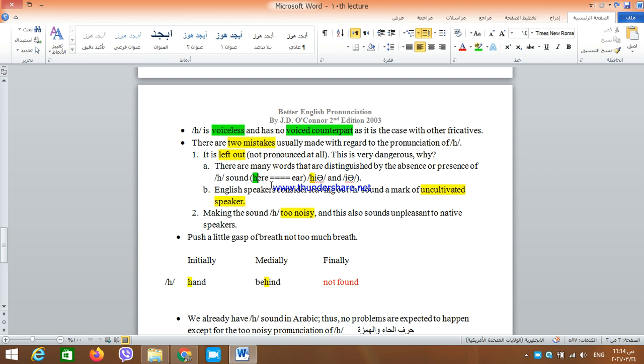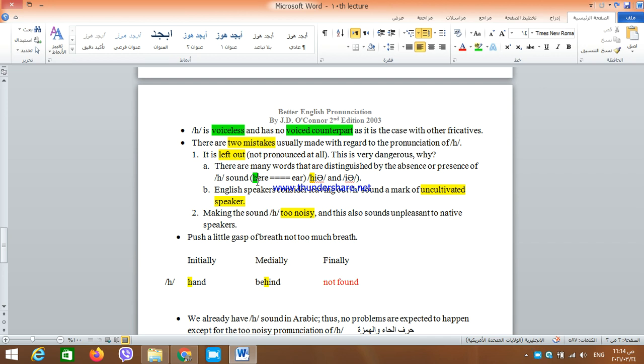But if you leave out the sound, it's going to be like ear, which has the same pronunciation. In this case, confusion is expected. اللي يسمع will not know whether you mean here or ear. So please don't leave out the sound "ha" in such cases, because the meaning will be different, and a breakdown in the conversation will be expected.